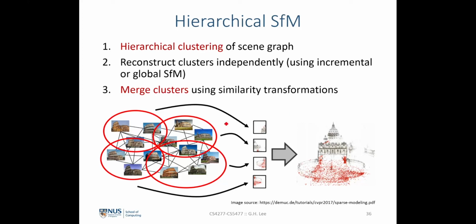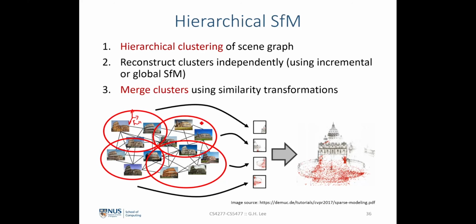Here is an illustration where, on this cluster, we apply incremental structure from motion to get a 3D reconstruction as well as the camera poses with respect to a world frame, which we call FW1. Then in the next step, we do a similar approach on the next cluster.